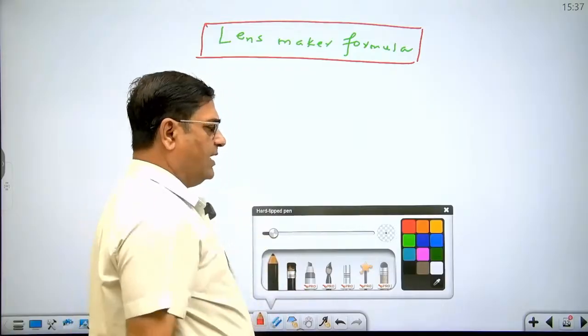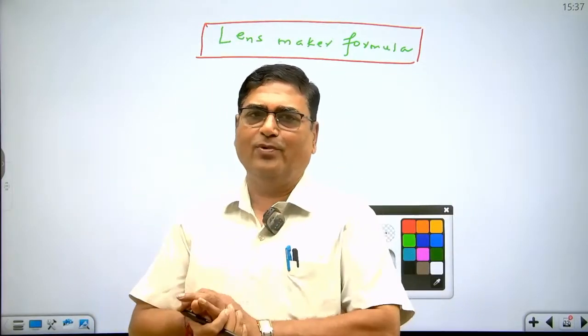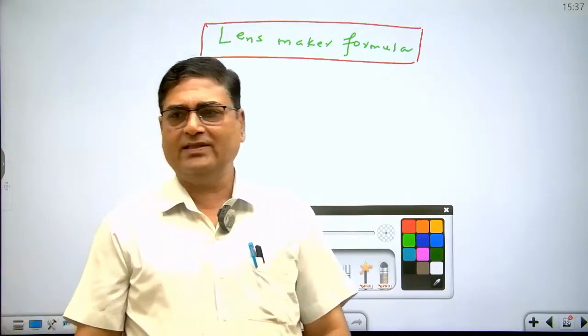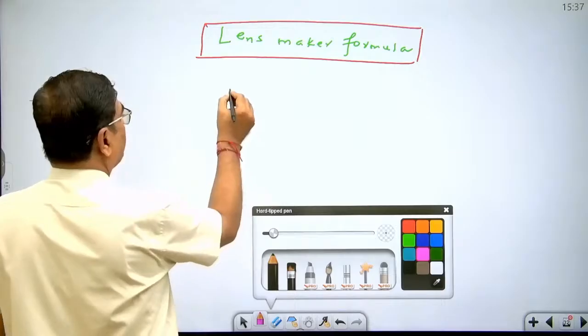This formula is applicable when the lens is a thin lens, and the medium on both sides of the lens should be the same. Then only this formula is applicable.